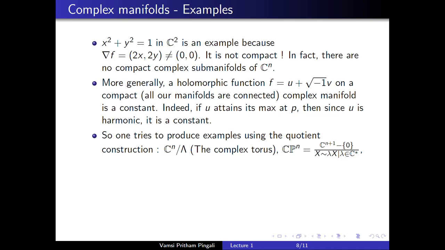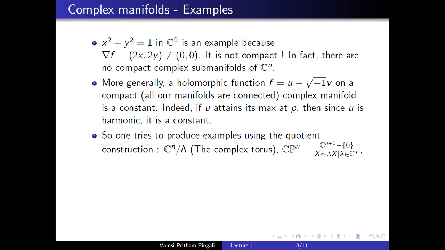In fact, even in the real category, this is the case, right? If you take all real lines passing through the origin in Rn, what do you get? Well, you can always talk about a real line through its intersection with the sphere, but every line intersects the sphere in 2 points, so you identify those 2 points. So you take Sn quotiented out by the antipodal map, so that's RPn, right?